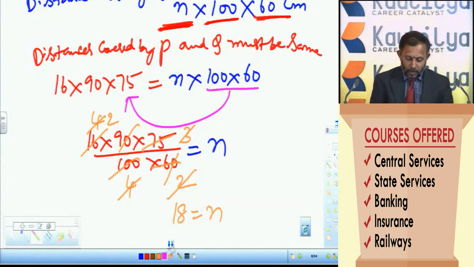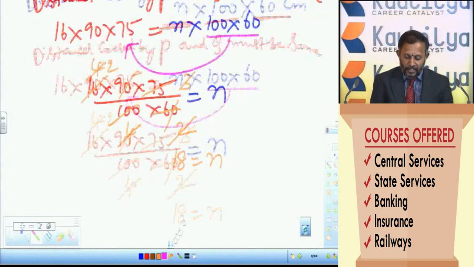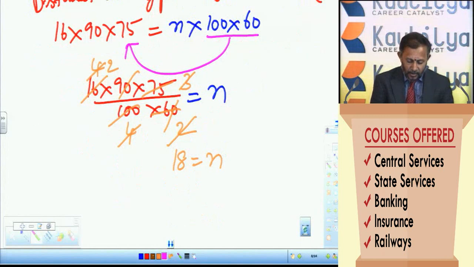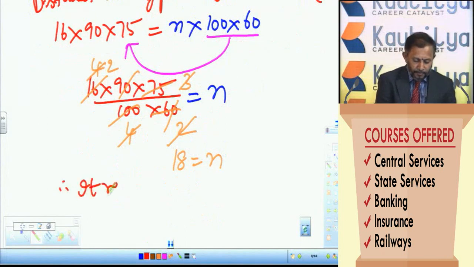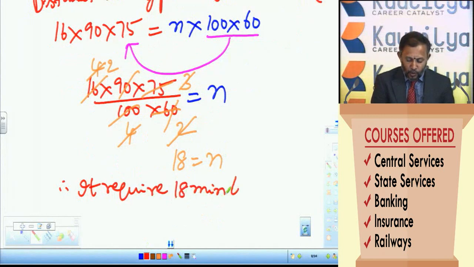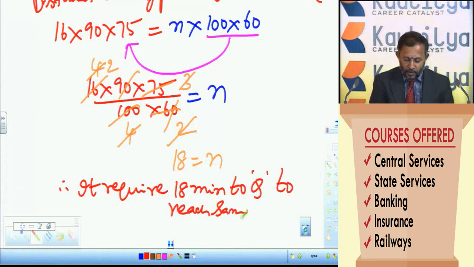But we are not supposed to conclude here itself. We got n as 18, and again we have to mention that it requires 18 minutes for Q to reach the same school. We are not supposed to conclude at any level.